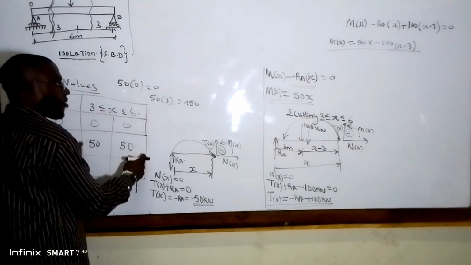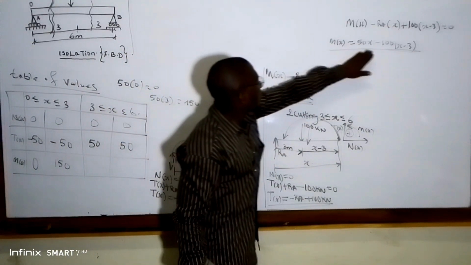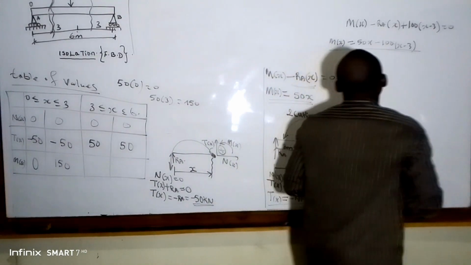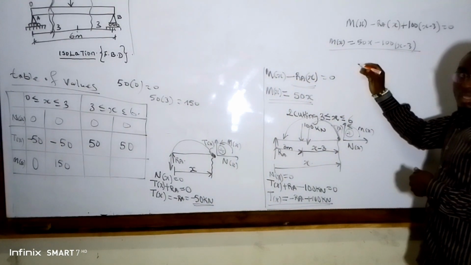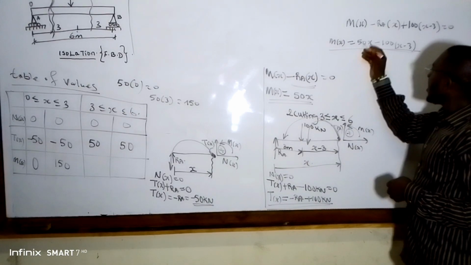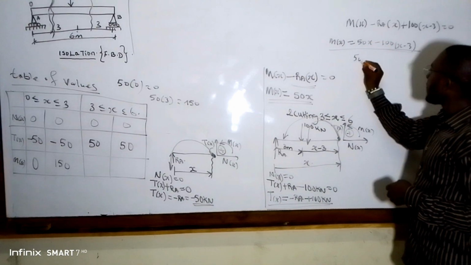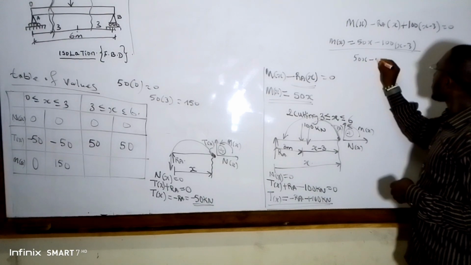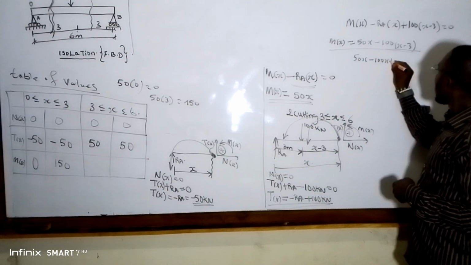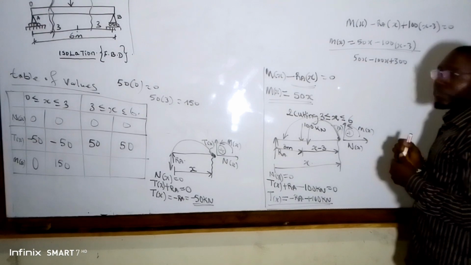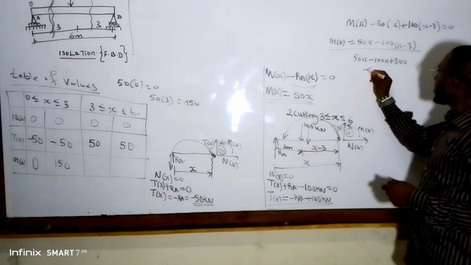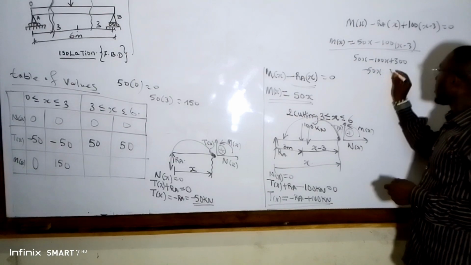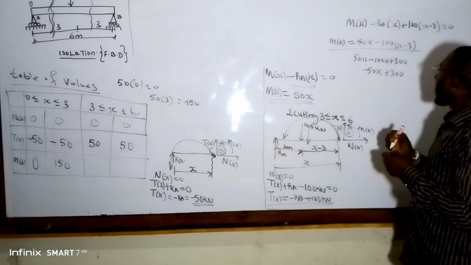Let's enter the second cutting. This is our M of x. So guys, let's do some calculation. We have 50x minus 100 times (x minus 3), plus 300... So I simply expand this bracket by taking negative 100 times x, giving negative 100x, and negative 100 times negative 3, giving positive 300. Now I collect like terms. So 50x minus 100x is negative 50x. Now plus this 300.